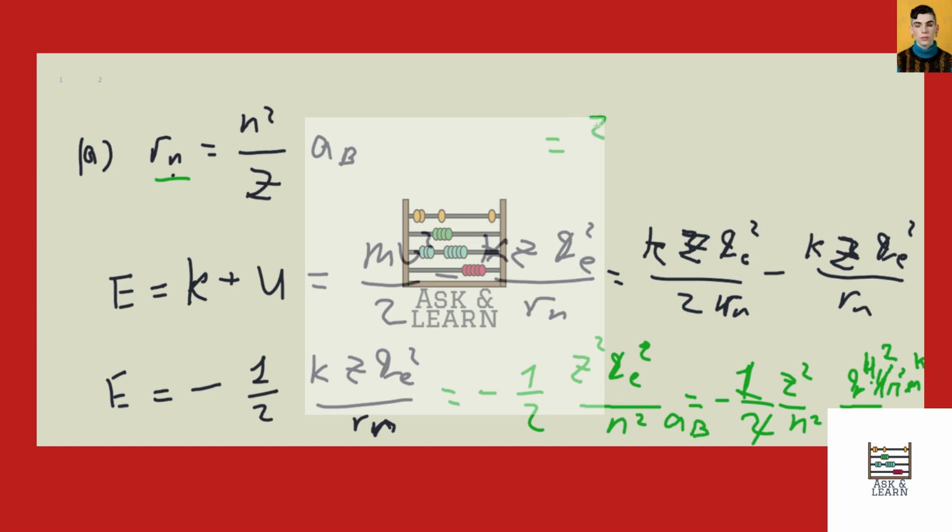We have the first part, Z squared over n squared, and we have minus 2 pi squared Qe to the fourth, k, m, and h squared in the denominator.